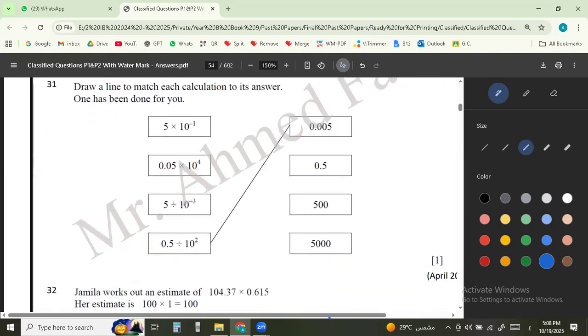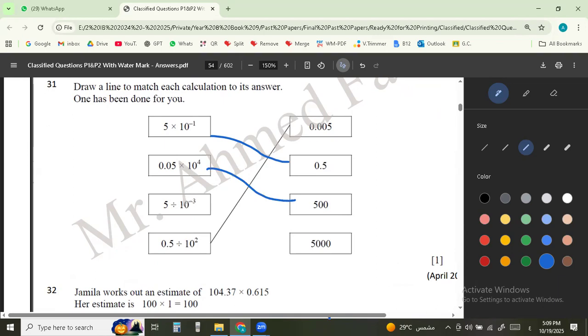5 times 10 to the power of negative 1, as if you're dividing by 10 to the power of 1, which is 0.5. Multiplying by 10 to the power of 4 is going to give you 50, no, 500. 1, 2, I need 2 more zeros, so it is 500.